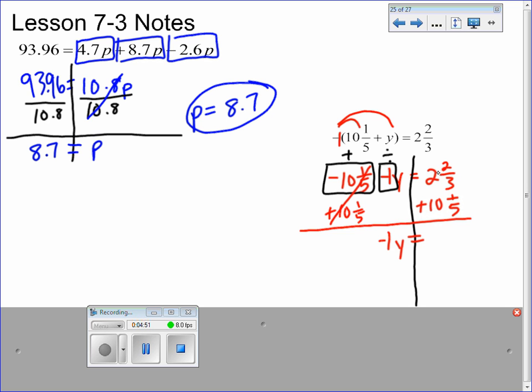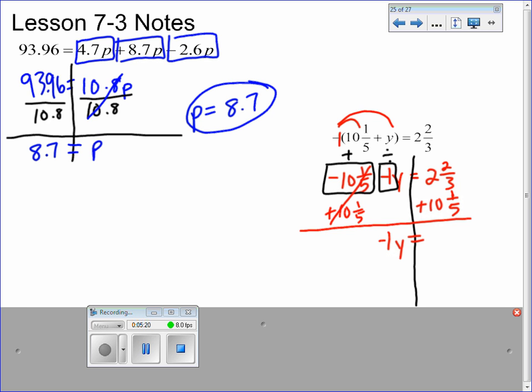Now you have to take 2 and 2/3 plus 10 and 1/5. You can do this by hand. However, you might as well utilize the technology that you have as a resource. Just type it into your calculator, or if you'd like, use the fraction app that we downloaded.